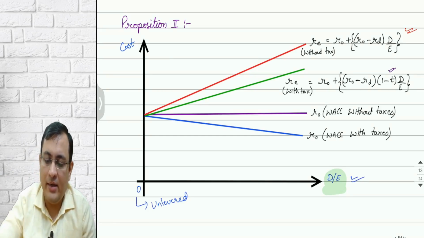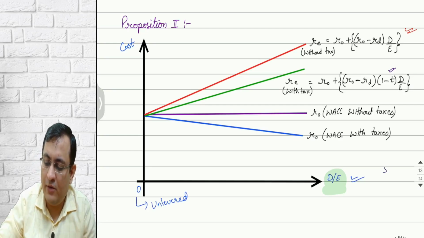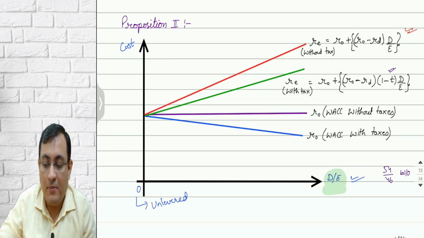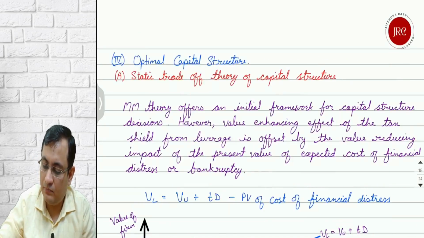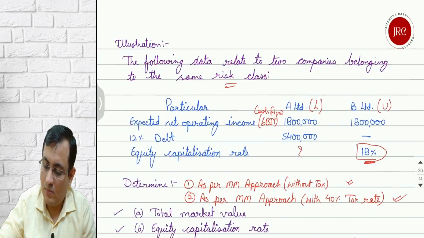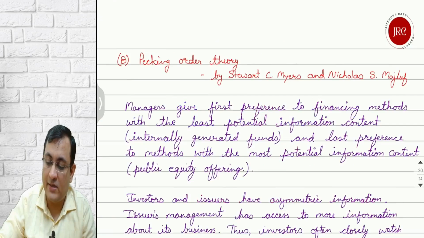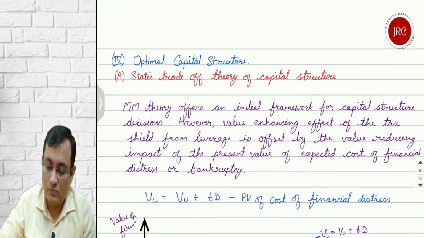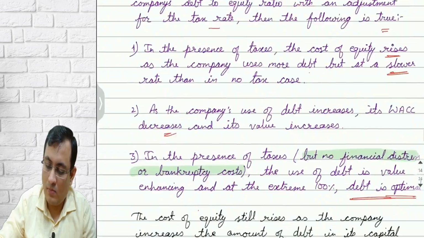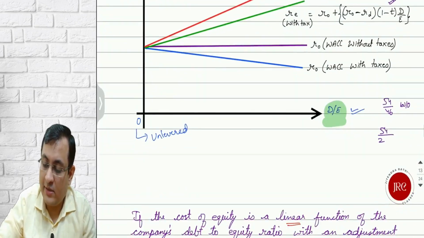For the red line, the debt equity ratio was 54 lakh on 100 for unlevered, without tax. But now it is 54 lakh on 27.60 for the with-tax case.